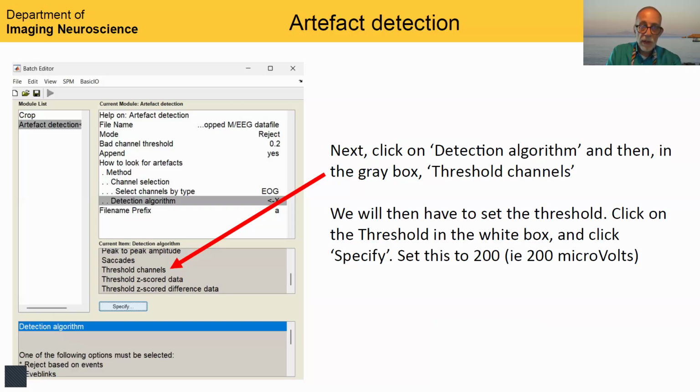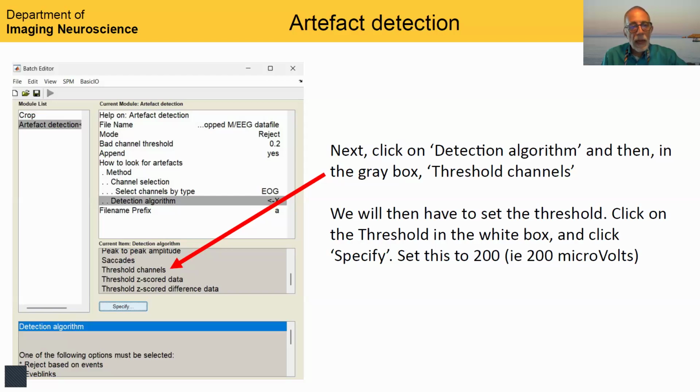But if you click on channel selection, you will see in the gray box, select channels by type. You click on that, and then you specify EOG. There's going to be different channel types that you can choose, and you choose EOG.